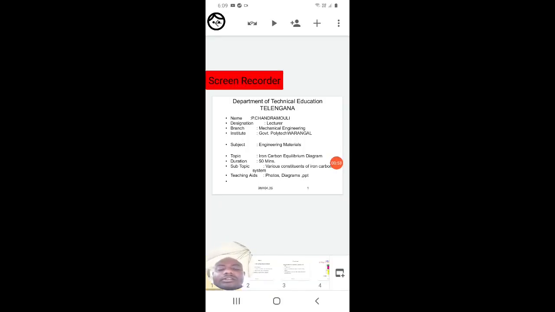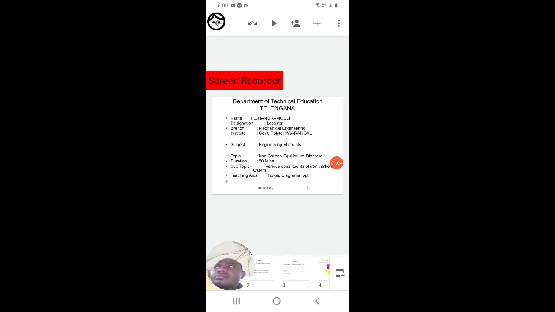So first, before you analyze the iron carbon equilibrium diagram, what types of constituents occur? You will see how iron carbon alloying, iron carbon mixing, is made, that means interstitial solid solution.